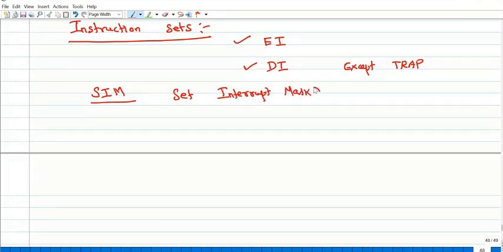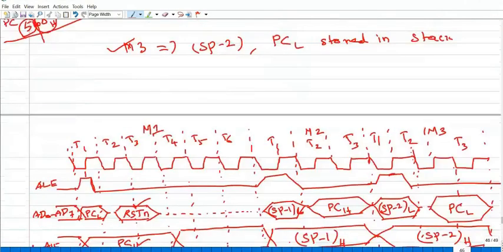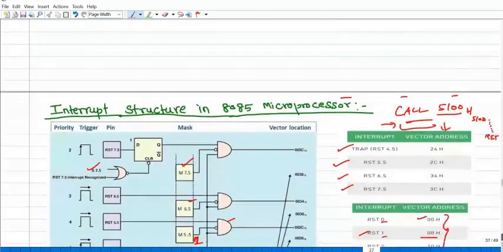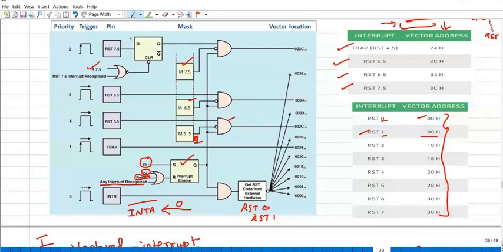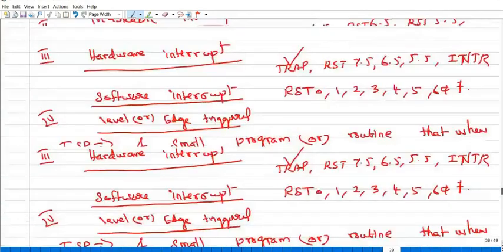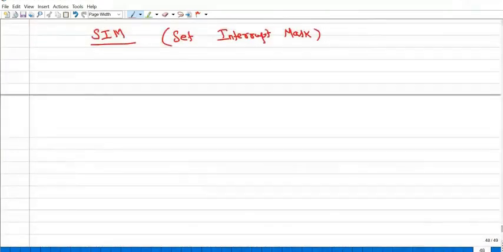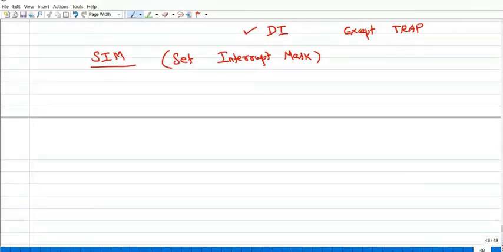In the interrupt structure, we discussed that after enabling all the interrupts, the programmer can disable a particular interrupt by making this pin high. That is, to mask RST 7.5, this pin must be high. To mask RST 6.5, this pin must be high. To mask RST 5.5, this pin must be high. So to mask a particular interrupt, we can use the SIM instruction, set interrupt mask.